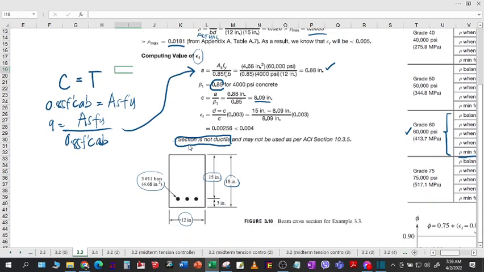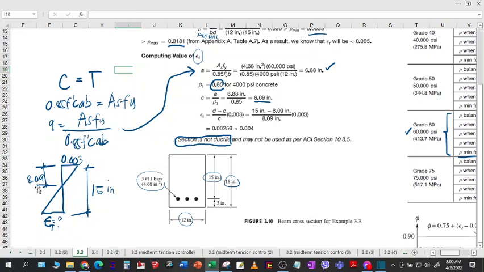And illustrating the strain in concrete and steel, the concrete strain is always 0.003, and the strain in steel is unknown. We were able to solve for c, and c is 8.09, and we have our d here, d is 15 inches.